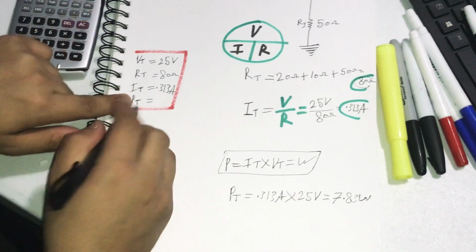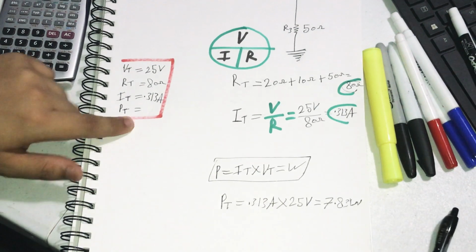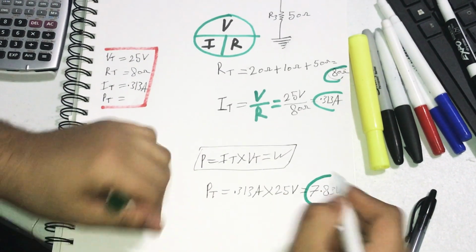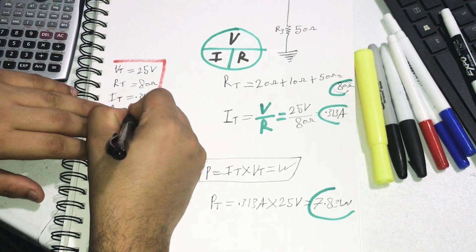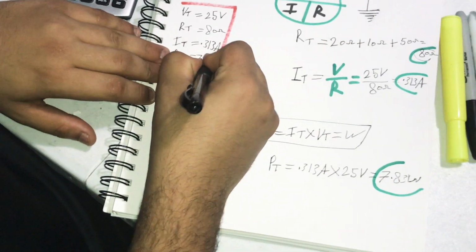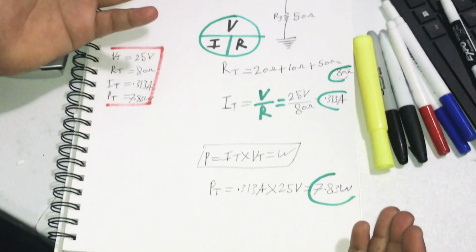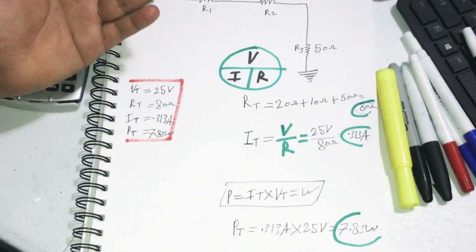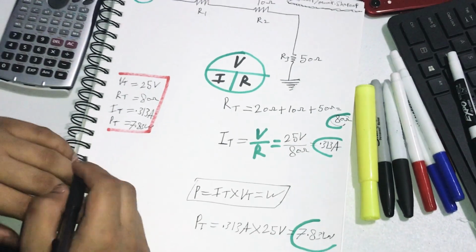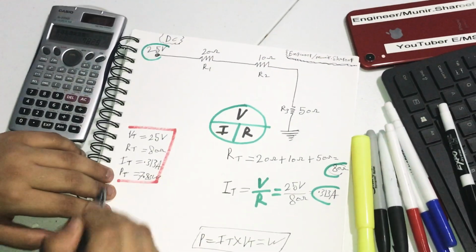Alright, so right here we're going to put this amount, to make it clear for you. You want to put 7.83 watts, because the watt is the unit of power. Alright, we're going to put this one in here.